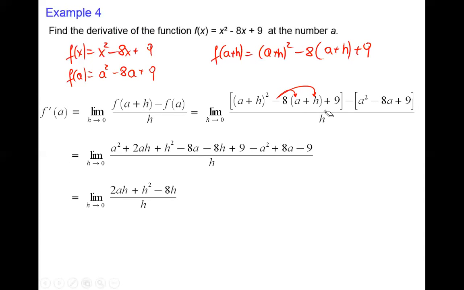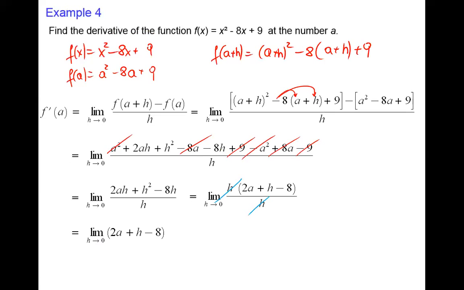And then you can see we can cancel out this, this, and this. Now looking at the 3 terms, I see the common factor h, which matches the h in the denominator, because the point is always to cancel out that h from the denominator, since it gives me 0. And now it's 2a plus h minus 8, h is 0, and the final answer is 2a minus 8.